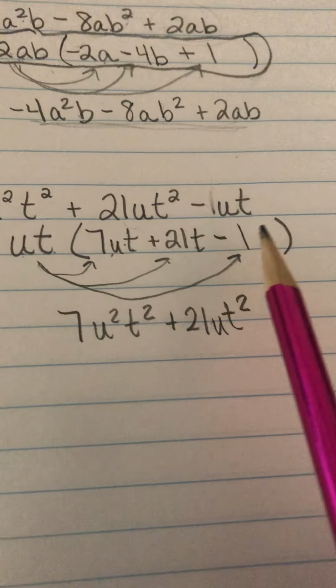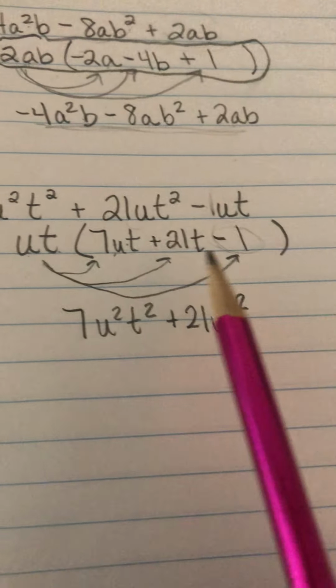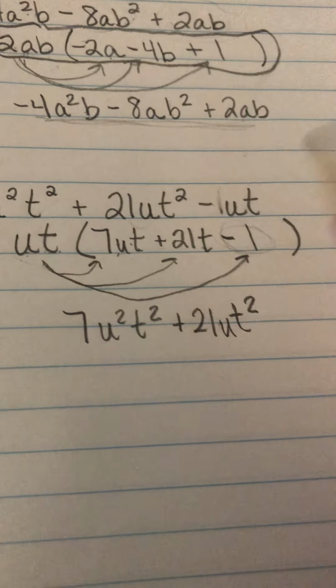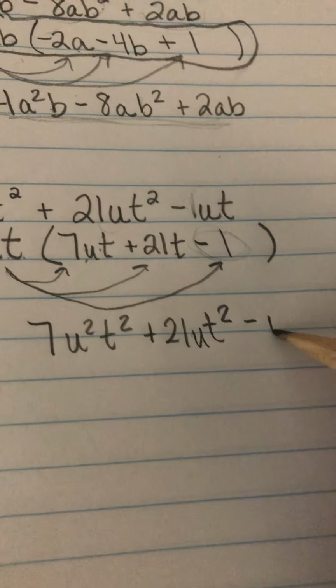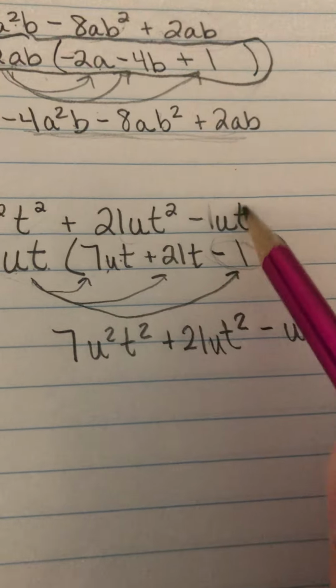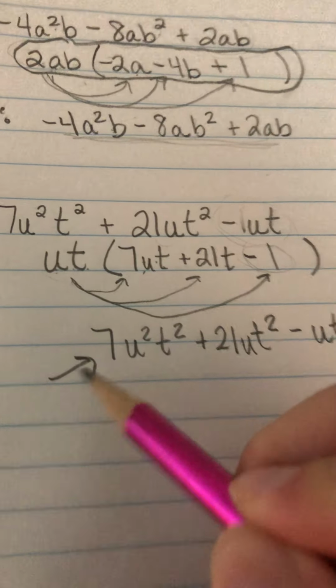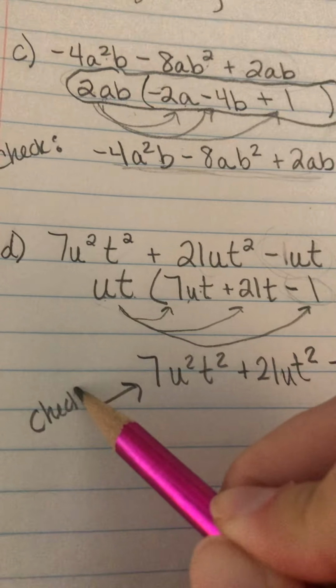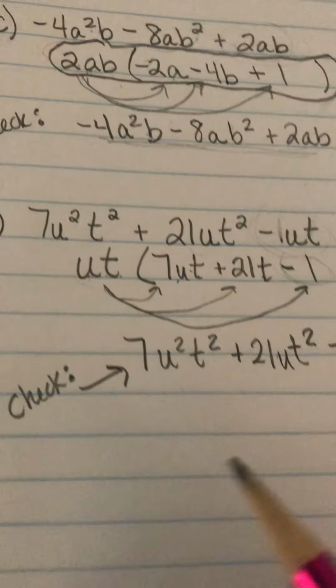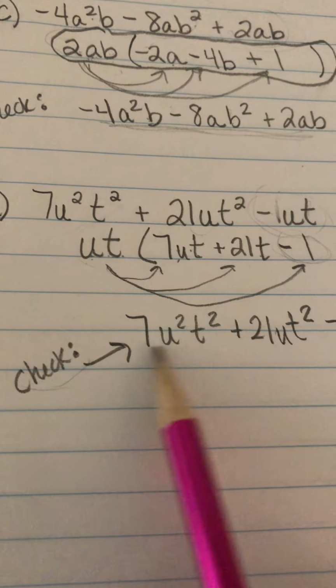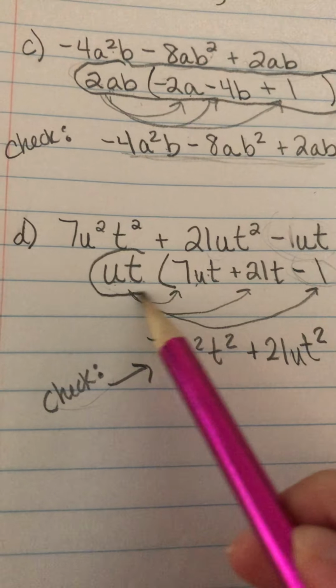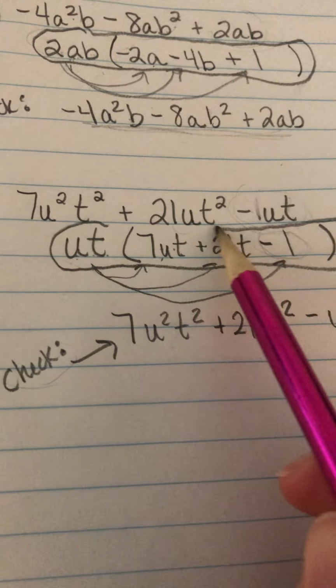And lastly, see how this is important, because when we do UT times a -1, we'd have a minus UT, and that is needed, right? So this was our check. Again, when you do these, show that. You can even just write check there and circle this part of your answer.